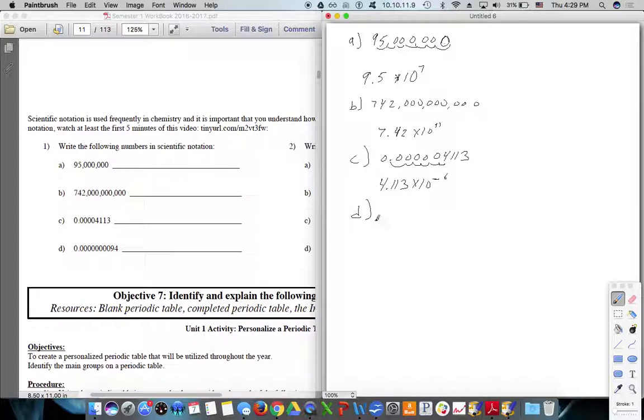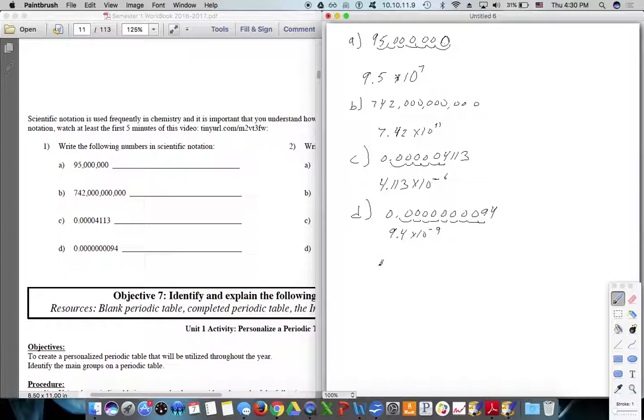And finally, letter D. Oh my goodness, this is hard to do on a screen. 9.4 times 10 to the minus 1, 2, 3, 4, 5, 6, 7, 8, 9.